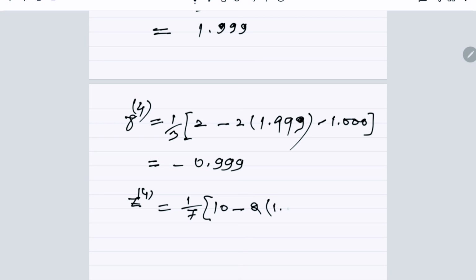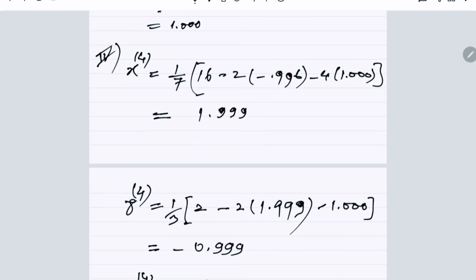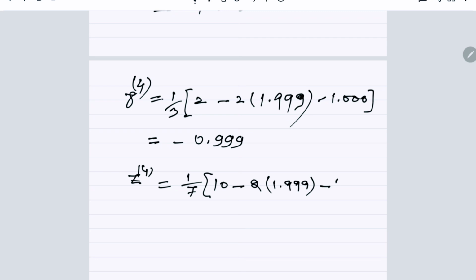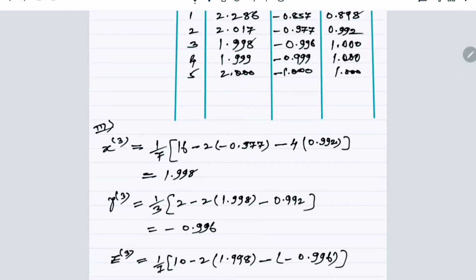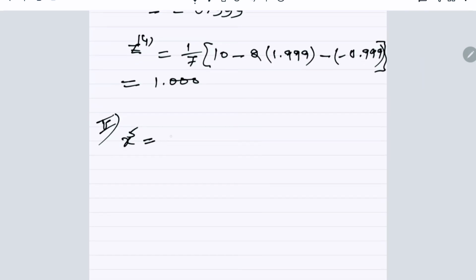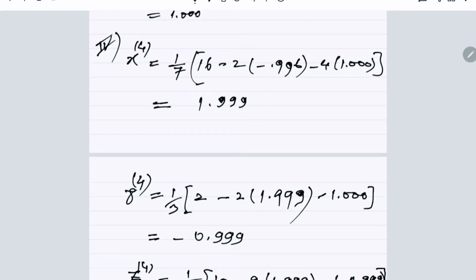And z4 from equation C is 1 by 7 times (10 minus 2 times x, x is 1.999, and minus y, y is minus 0.999), and by calculator we get that value as 1.00.